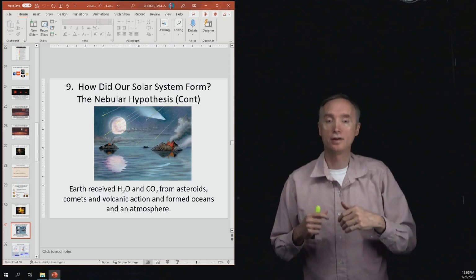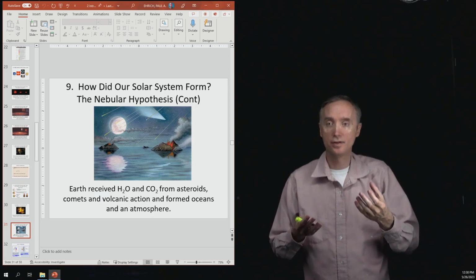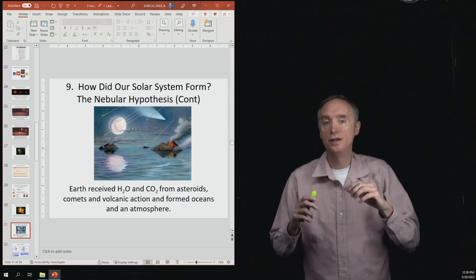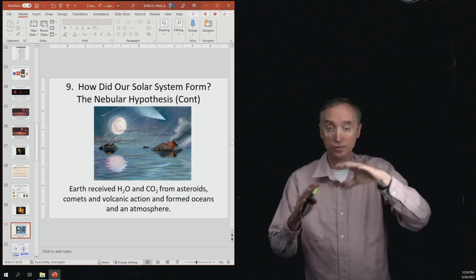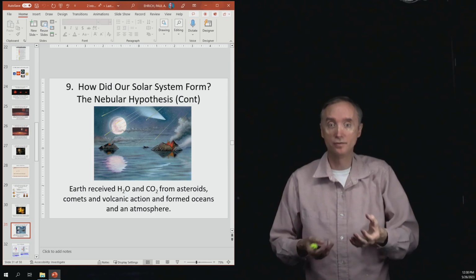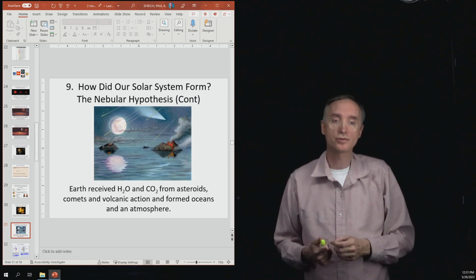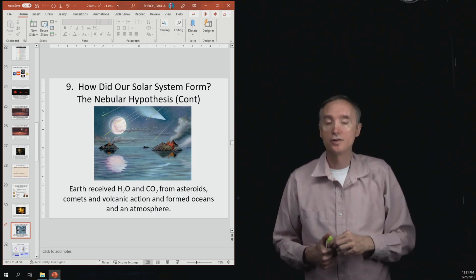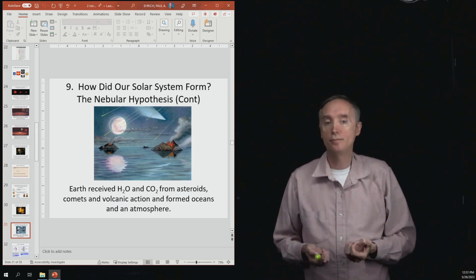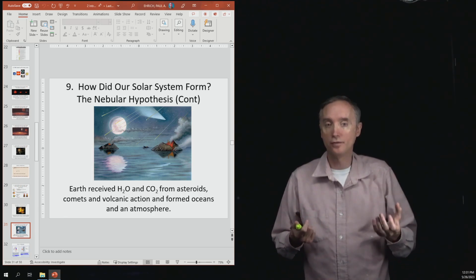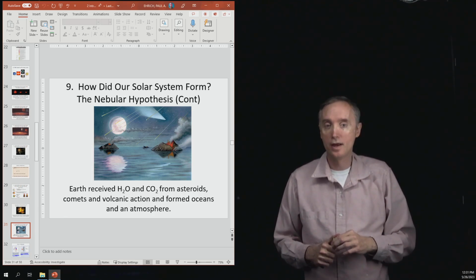So now it's after this heavy bombardment period, the Earth has a molten surface because of all the energy of all of these impacts of asteroids with the Earth. So the next thing that's going to happen is as volcanoes erupt, they're going to be giving off lots and lots of water and carbon dioxide.